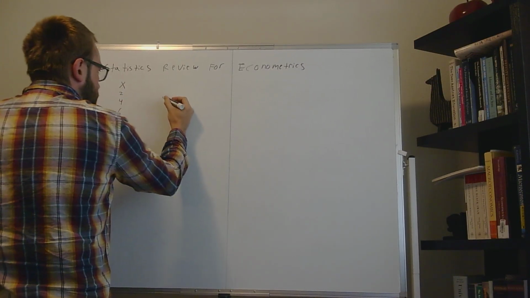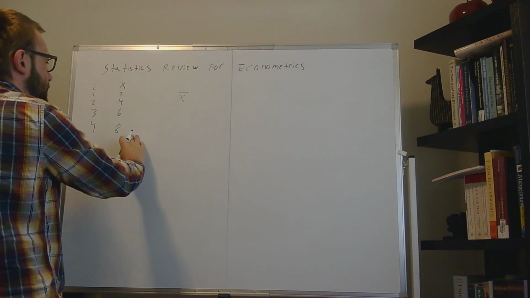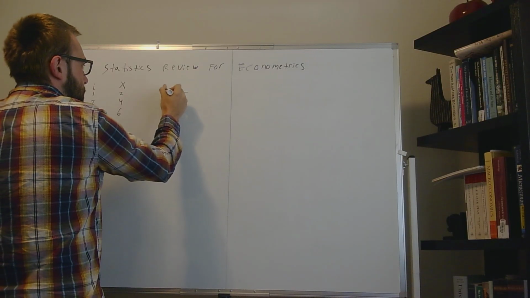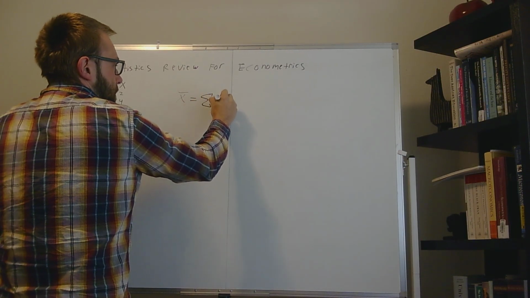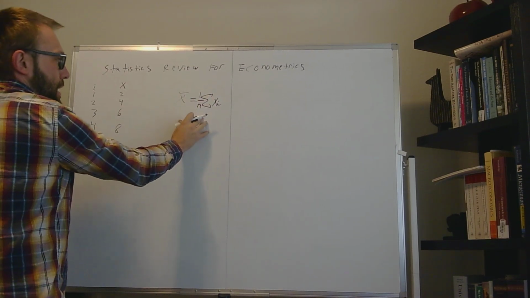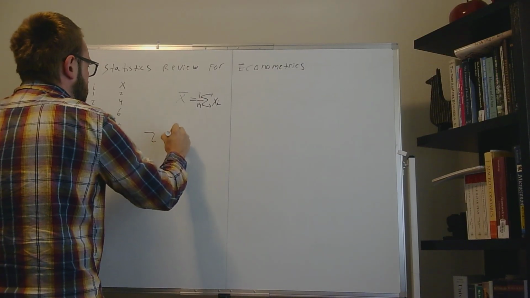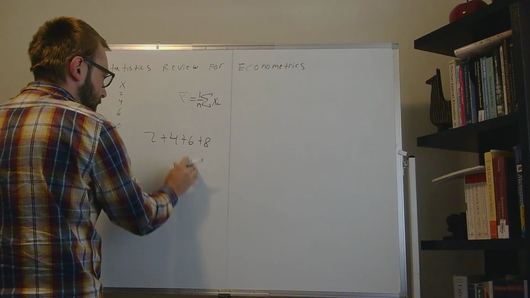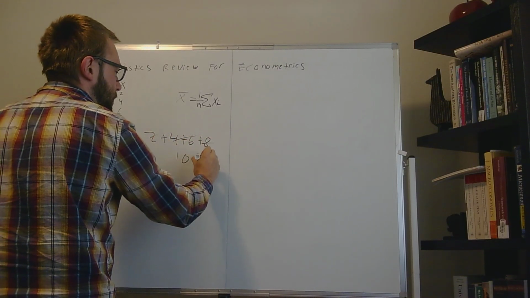So first things first, we're going to need x bar, so the mean of the sample set. And that's going to be found by, we take the summation of all the x values and then divide it by n. And sorry, that's a little scrunched there. So that's 2 plus 4 plus 6 plus 8. And so if we combine these, this is 10. And combine these two, it's also 10.